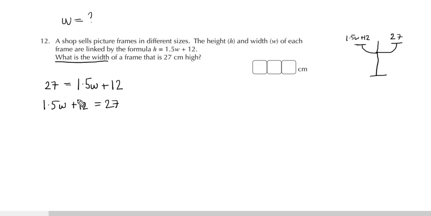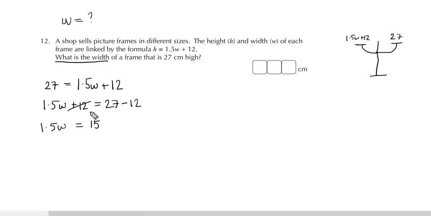So let's go back to here. The first thing I want to do is get rid of this plus 12. What I have to do is take 12 away from both sides. I'm going to end up with 1.5 w equals 27 take away 12, which is 15.